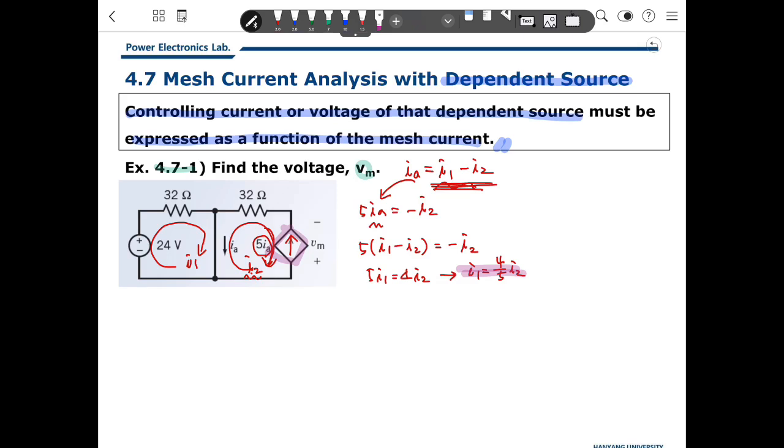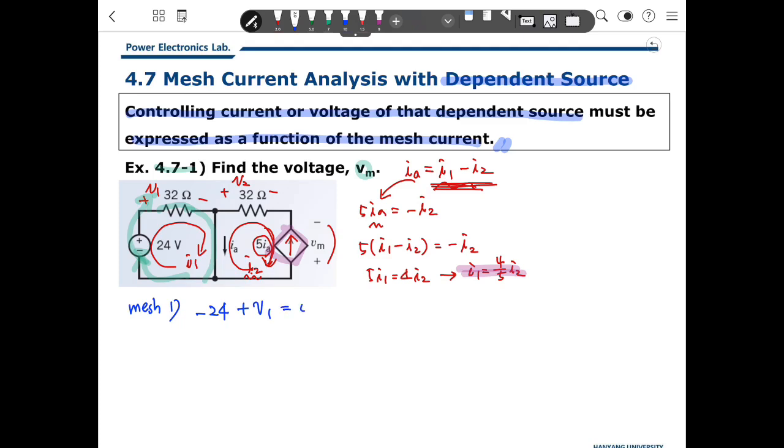Then we define the mesh currents in the same way. At first, I'd like to define the voltages here. This is V1, this is V2, and Vm is defined in this way. So what is mesh equation 1? I'll start here. I meet minus 24, and I meet plus V1, and I meet 0.